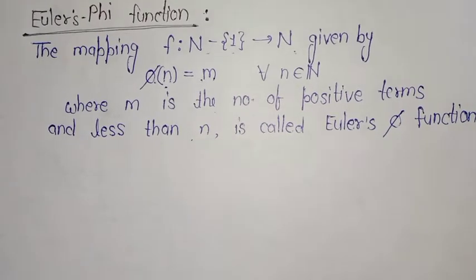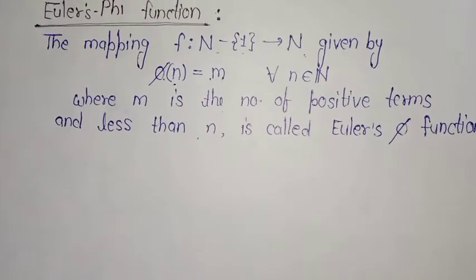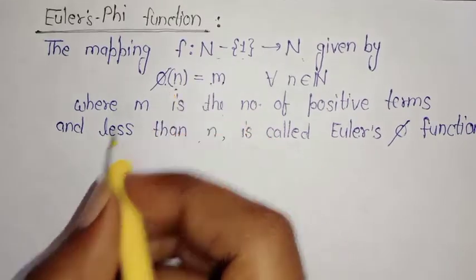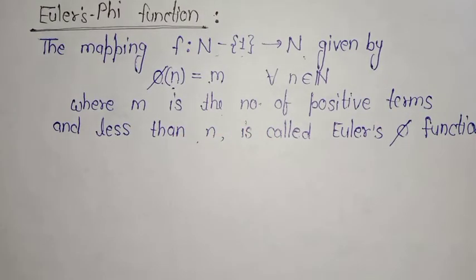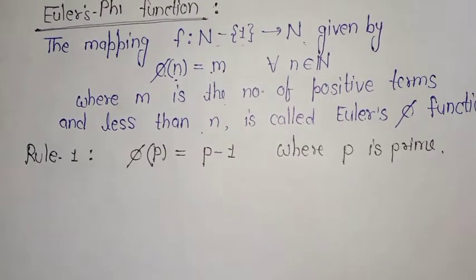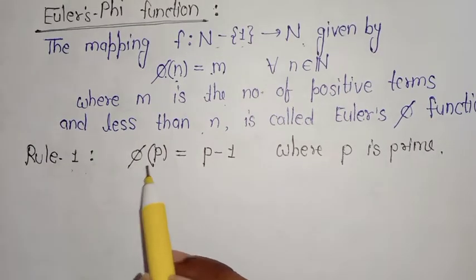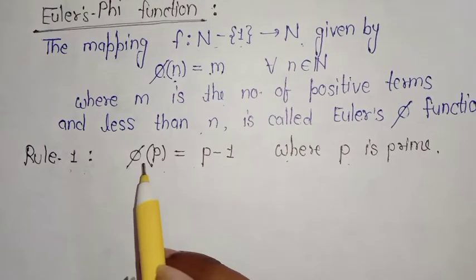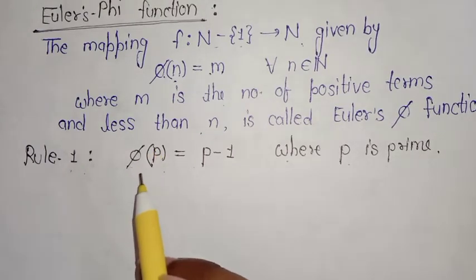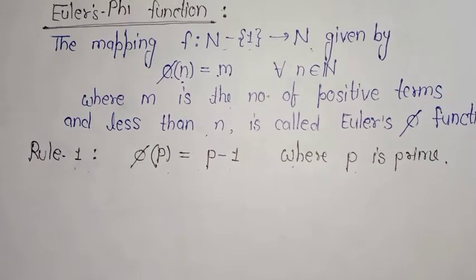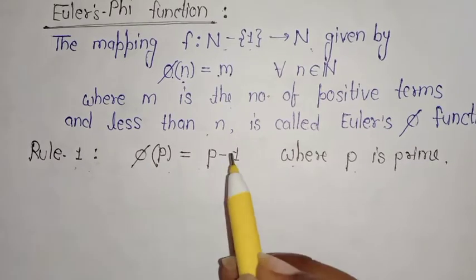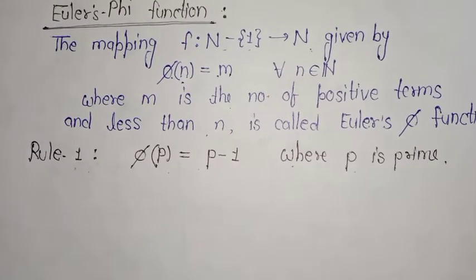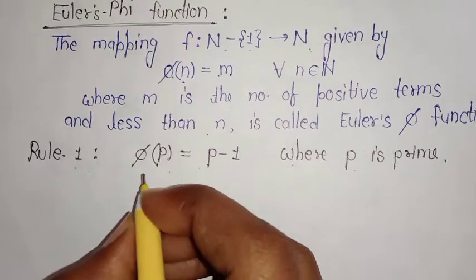Whenever we have n as a prime number, how do we calculate the Euler's phi function? Rule number 1: phi of p is equal to p minus 1, where p is prime. Whenever we have a prime and want to calculate its Euler's phi function, we just subtract 1 from the prime.